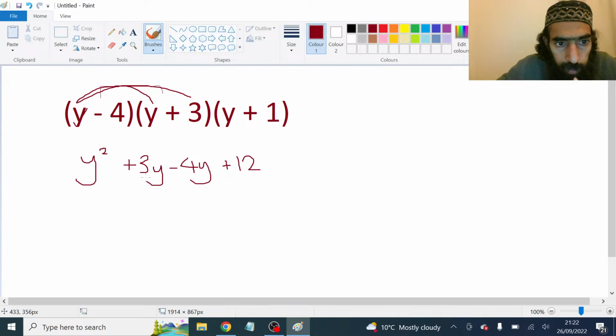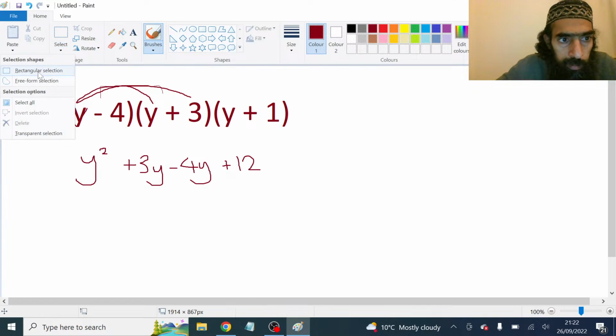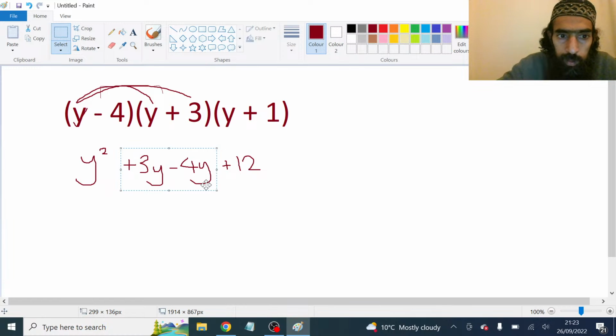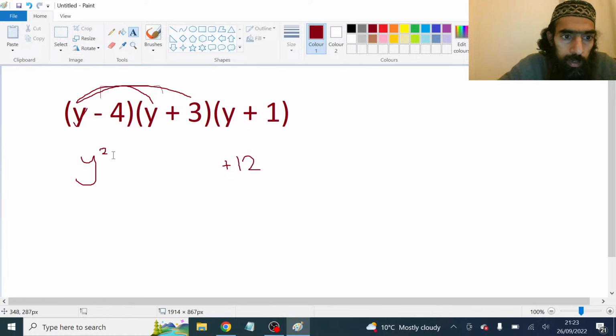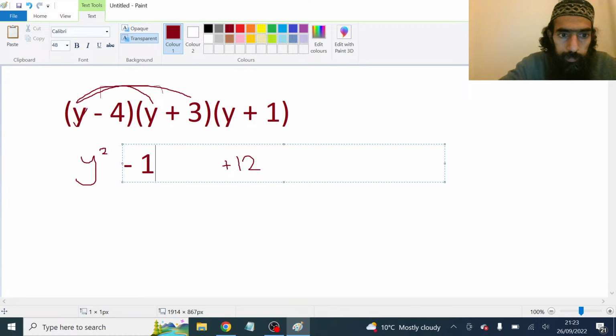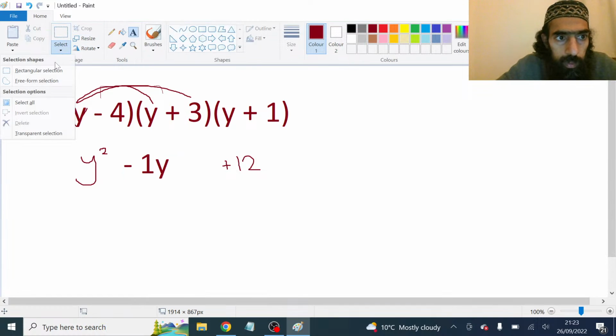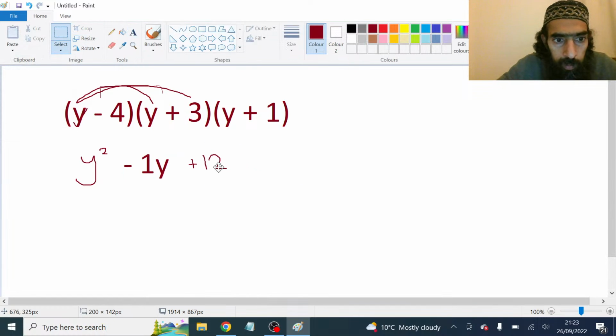Here you can see the middle bit can be simplified. So do the simplification as soon as you spot it. That can be minus 1y. And then just bring it close, because now what we're going to do is put brackets around it, and we are now going to bring in the third bracket, which is the y plus 1.